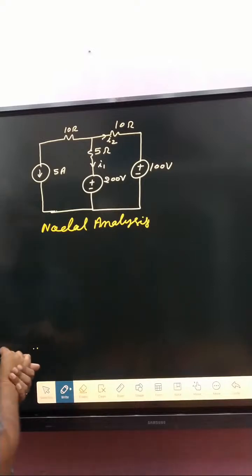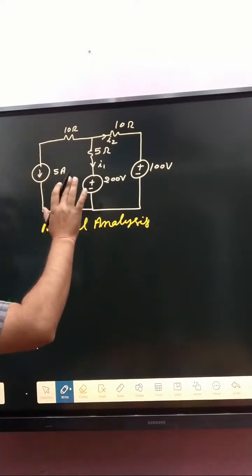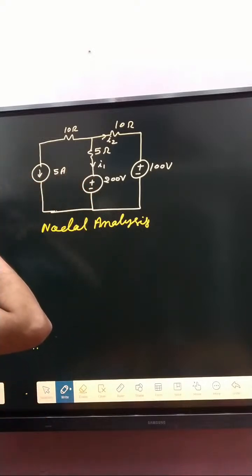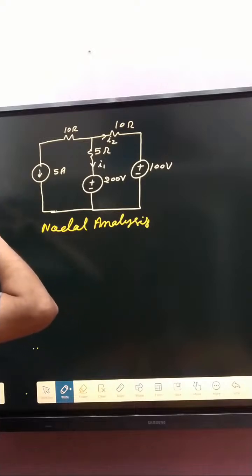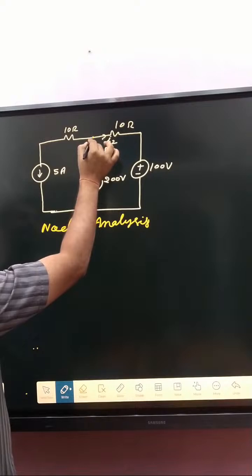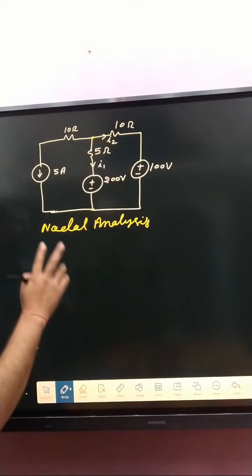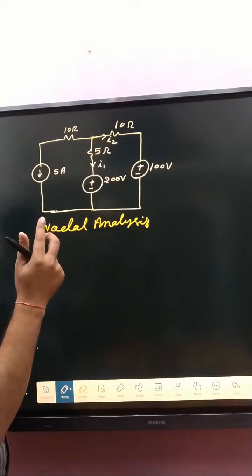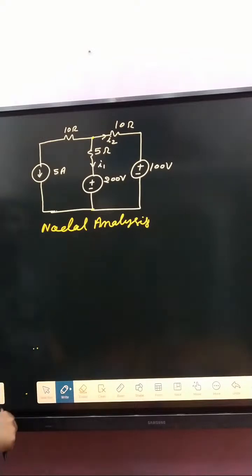So first of all, decide and mention all branch currents, here I1, here I2. After that, node voltage. That one is a node, that one is a node; at least 3 branches connected at any point is called a node.